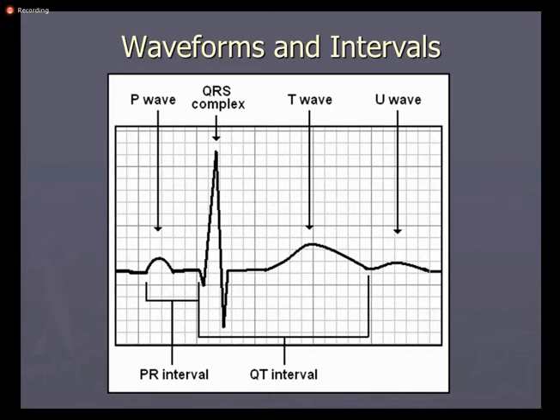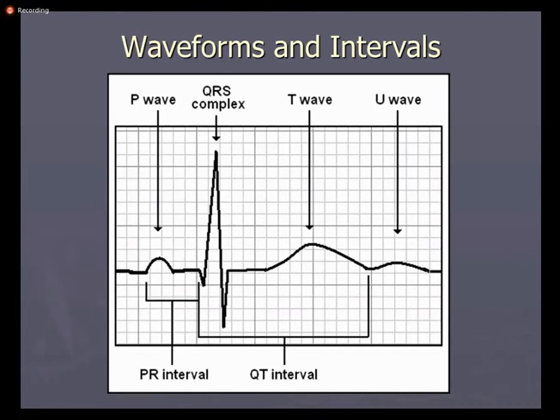And from the start of one wave or complex to the start of the other complex or wave, it is called an interval. I am telling you again: when two complexes or waves are joined, it is called a segment, and from the beginning of one complex or wave to the beginning of the next complex is called an interval.